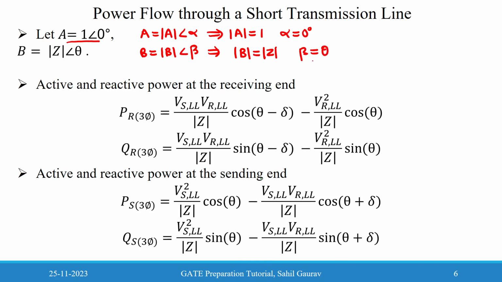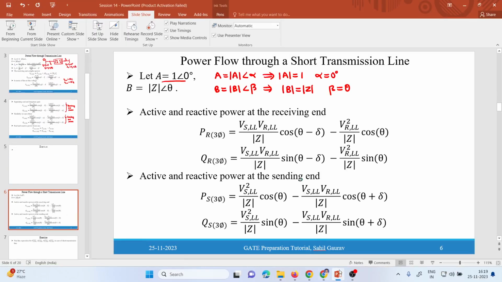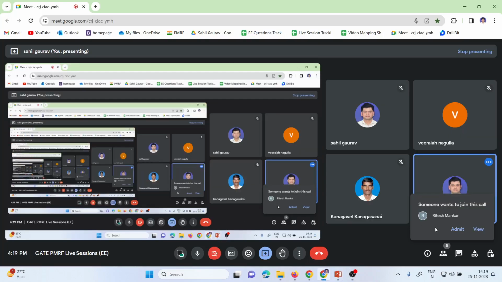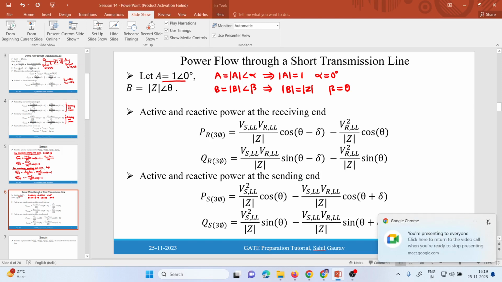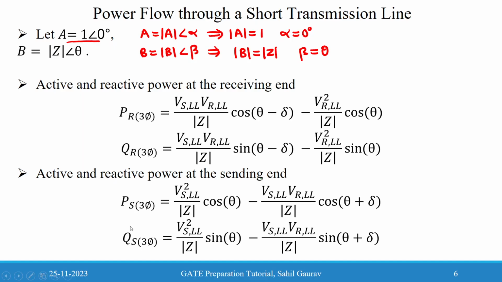So by substituting these four terms in the previous expression for sending end active and reactive power and receiving end active and reactive power, we will get this expression. So this is the expression for a short transmission line.